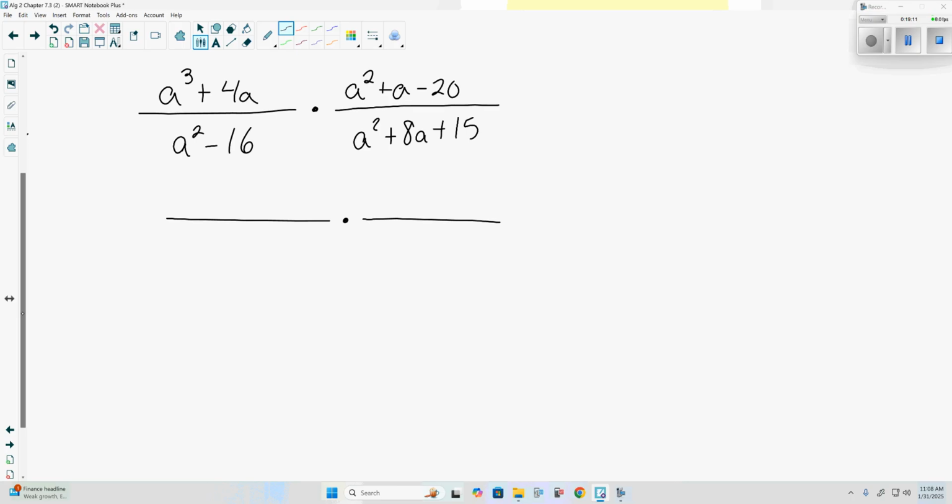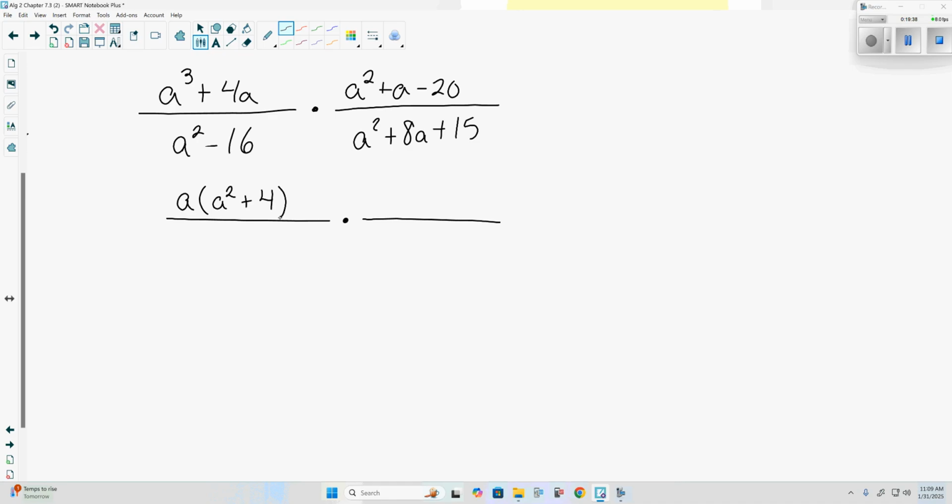A cubed plus 4a. Both these have a greatest common factor of a. So if I factor an a out of a cubed, we're left with a squared plus 4. And that's the only one in this one here that has a greatest common factor.